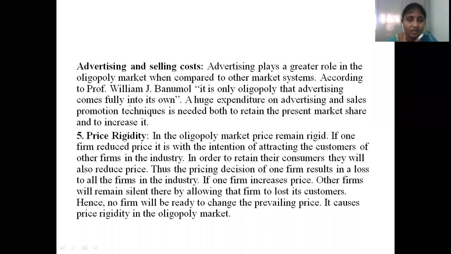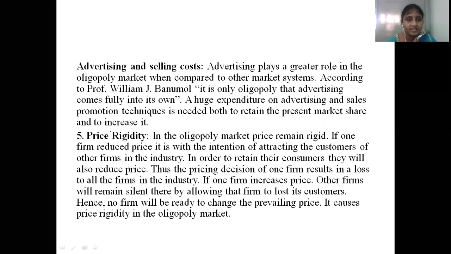Generally, whenever we are buying products, in some cases we get 1+1 offers, or 20 to 25% discounts, or other benefits at festival times, whatever it may be. For what purpose are these needed? To retain the present market share and to increase the share also.